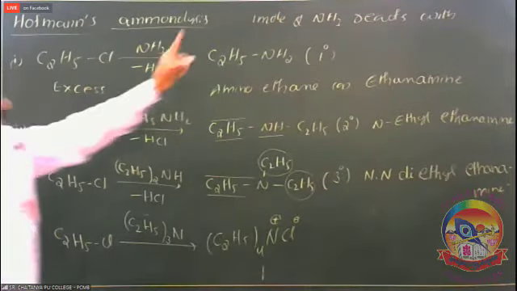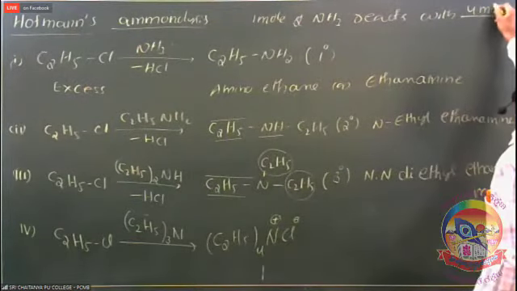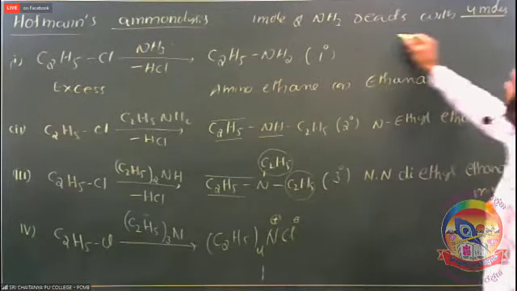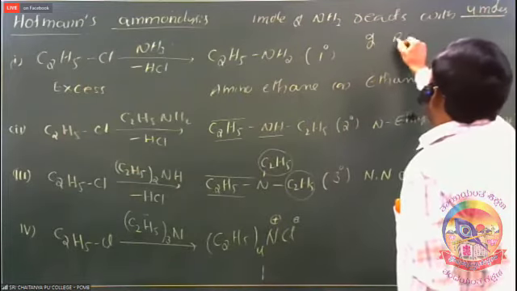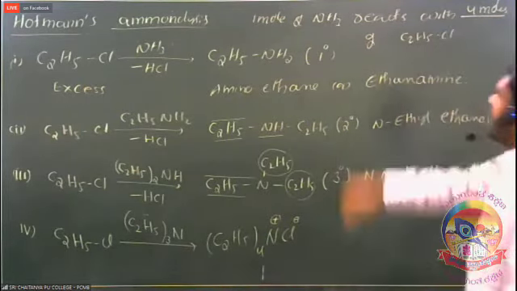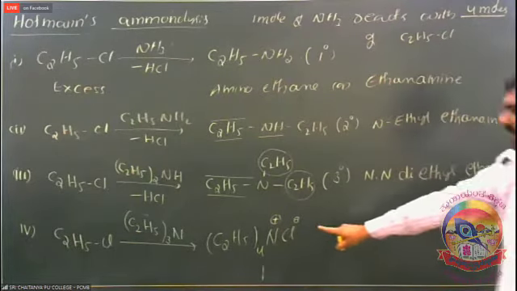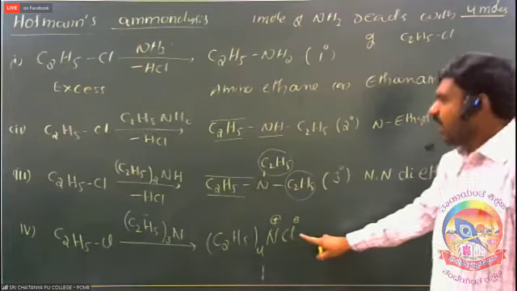So 1 mole of ammonia reacts with 4 moles of ethyl chloride. Finally, it forms a quaternary ammonium salt.